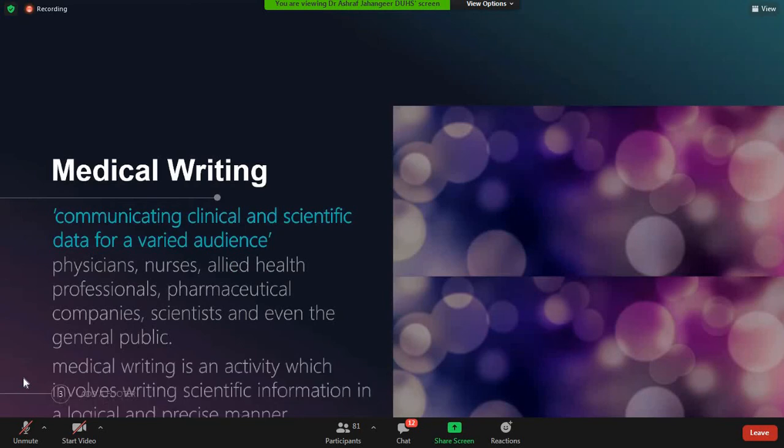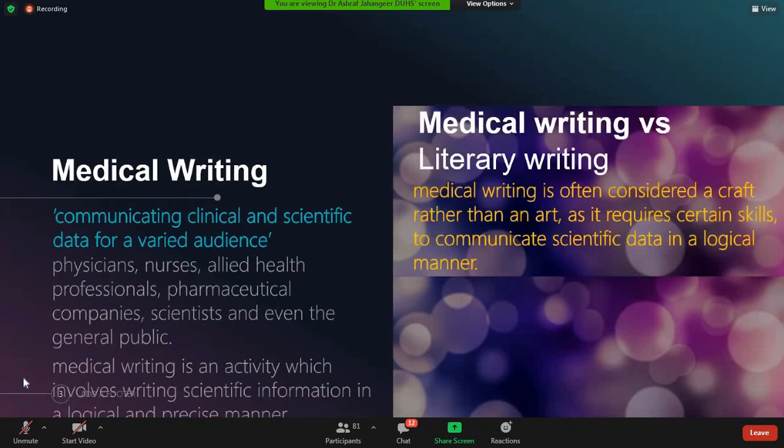What you need to focus on is precision, logical flow, and fluency in your writing. What I told the student is that medical writing is more of a craft than an art.